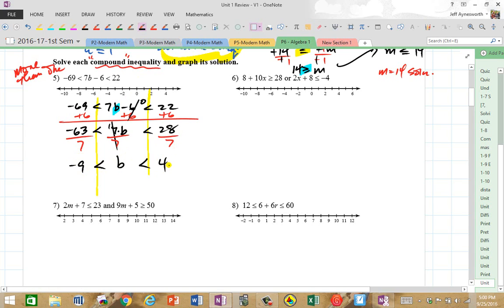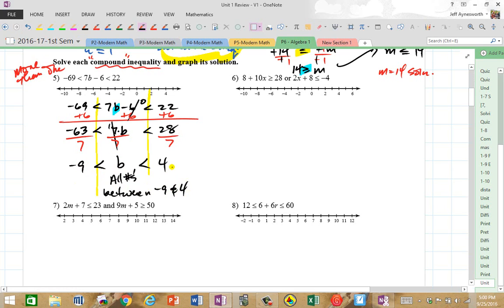Okay, now from this point right here, the way you interpret this is all numbers between negative 9 and 4.